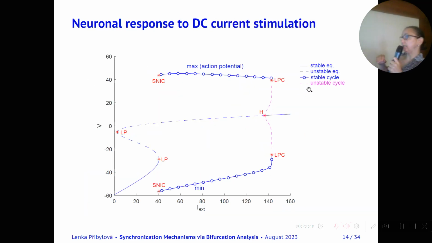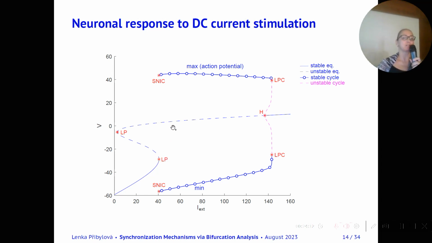Okay, let's see how the so-called bifurcation diagram looks for this neuron. This is external current in microamperes over centimeter squared, something like that, doesn't matter. And you can see this is the stable branch of the equilibrium, and this is the resting state of the neuron. The neuron's doing nothing, simply is living.